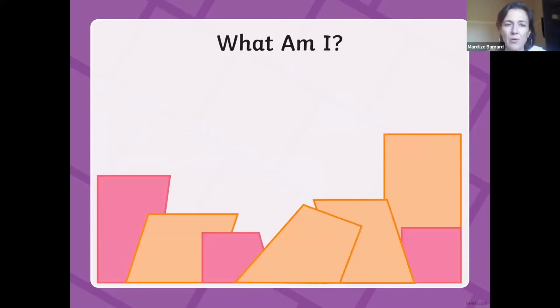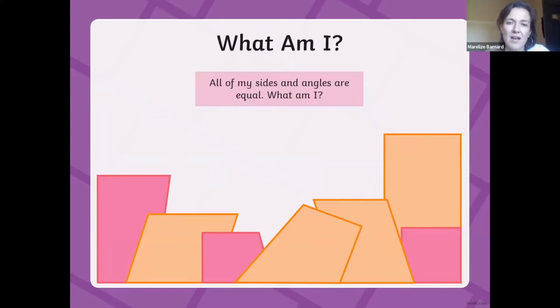So we're going to do a quick little quiz, see how well you know your properties. Pop in the chat when you have an answer. All of my sides and angles are equal. What am I? Let's be quick. Square. I agree.